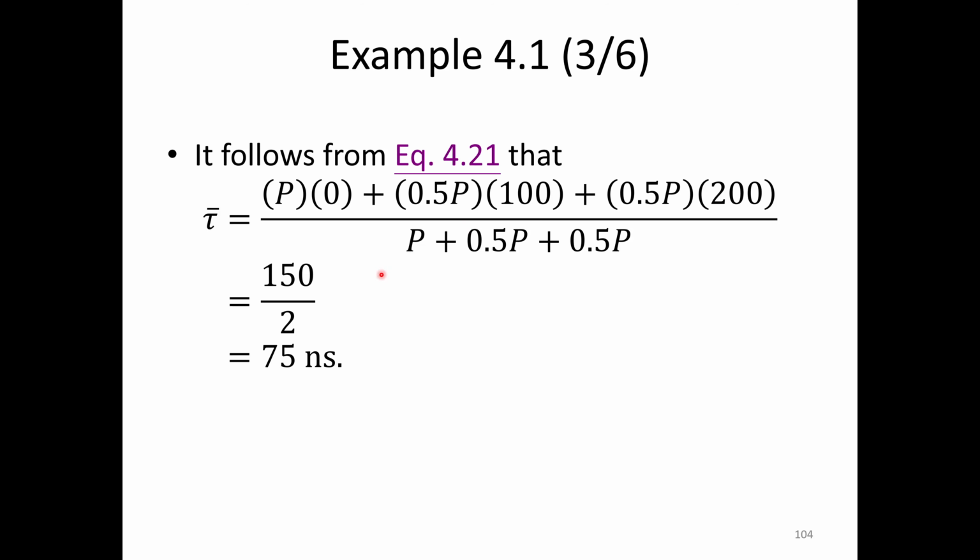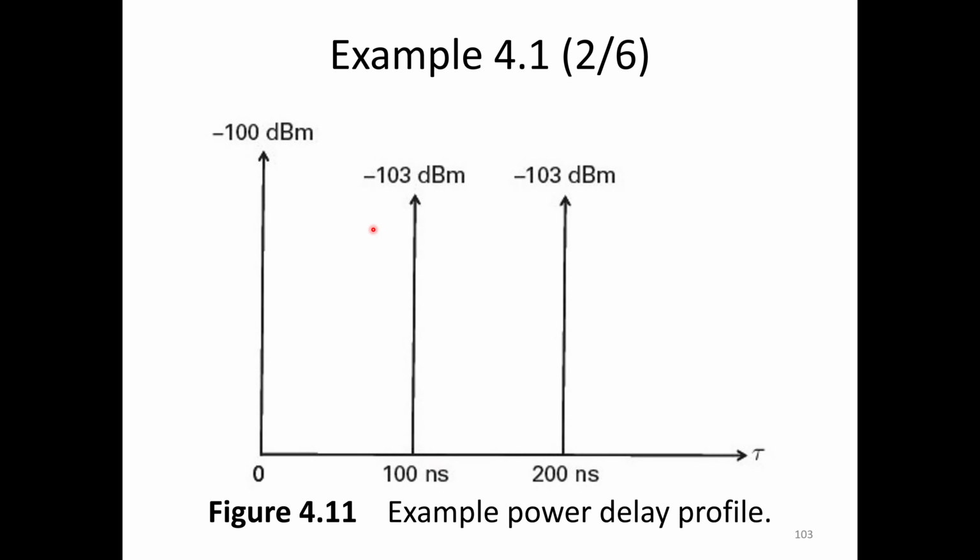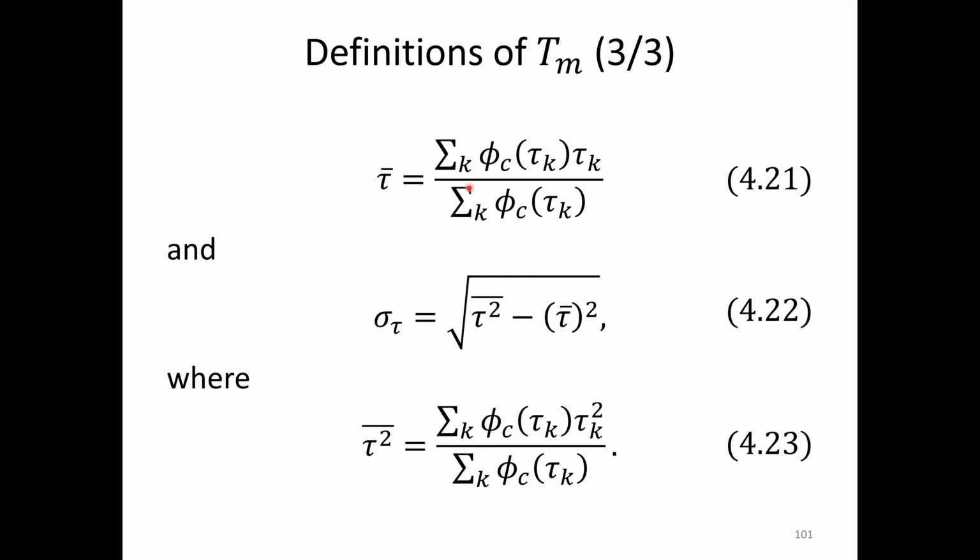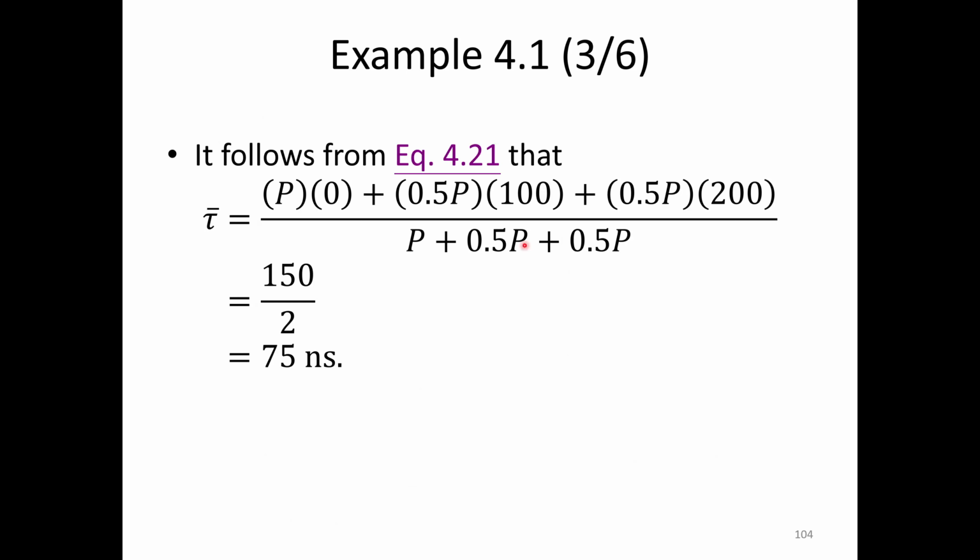The denominator is the summation of phi c of tau k, which is equal to P plus 0.5 P plus 0.5 P. After some simple calculation, the denominator is equal to 2P.